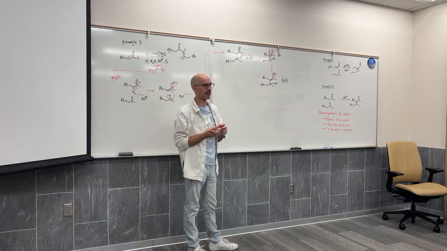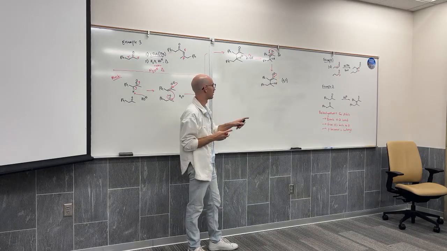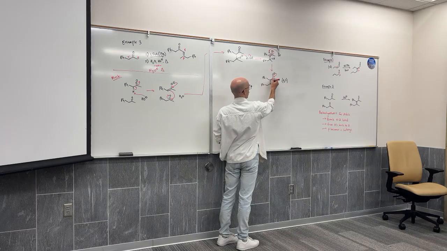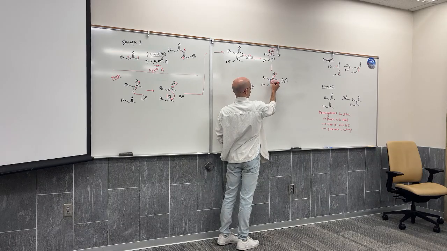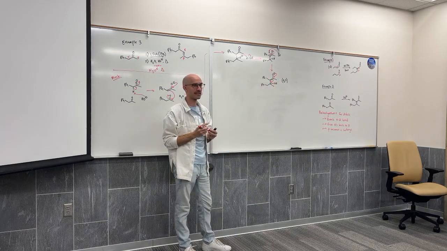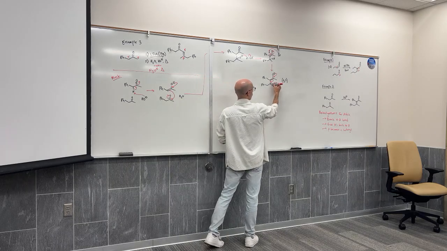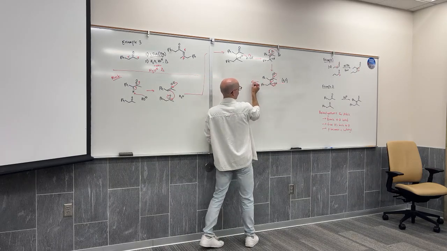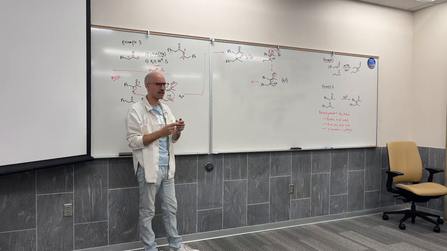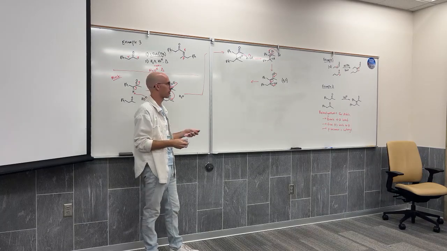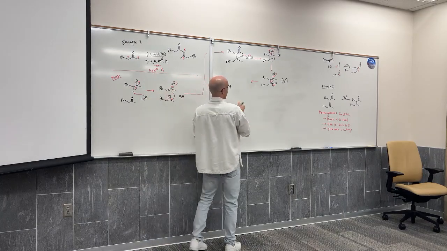Not four arrows, I apologize, three arrows. CC double bond, those pi electrons move down to form a different CC double bond. And then the CO bond breaks. Every time a bond breaks, it breaks to the more electronegative atom. Oxygen takes those electrons.